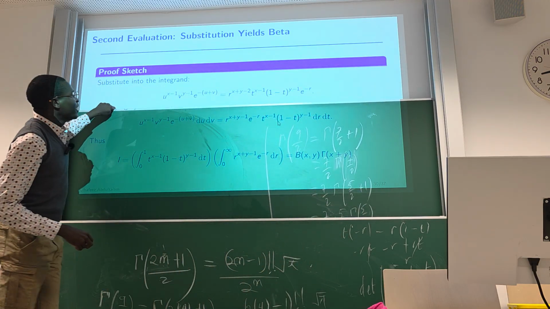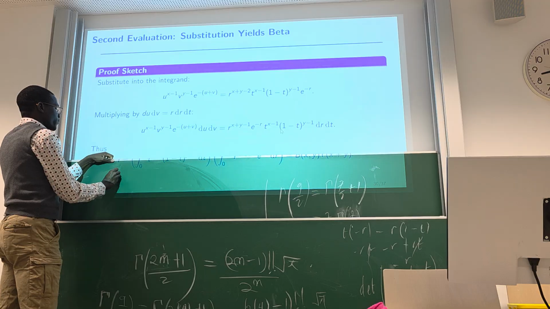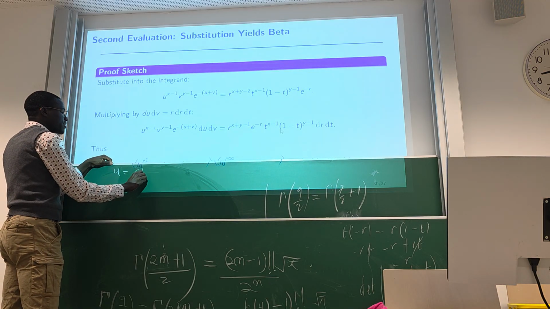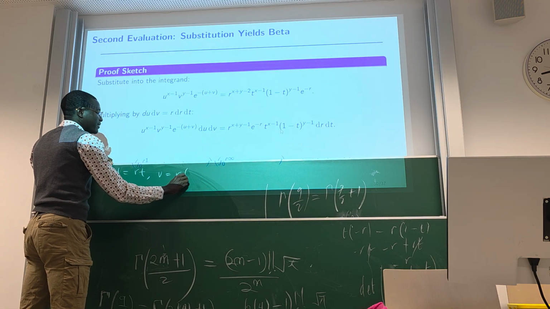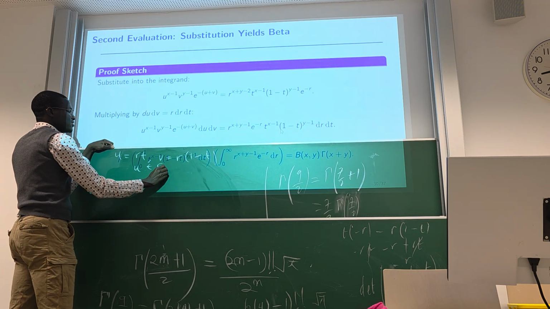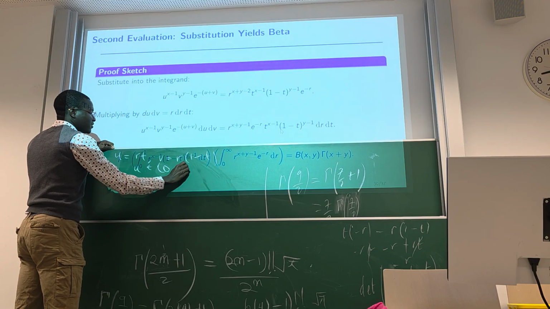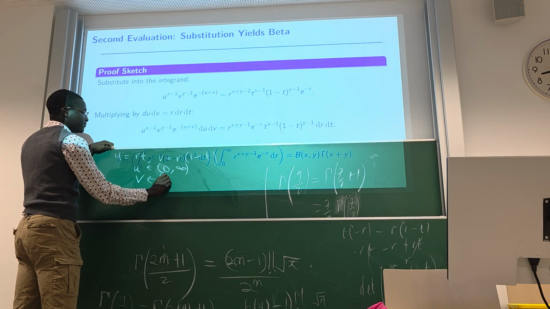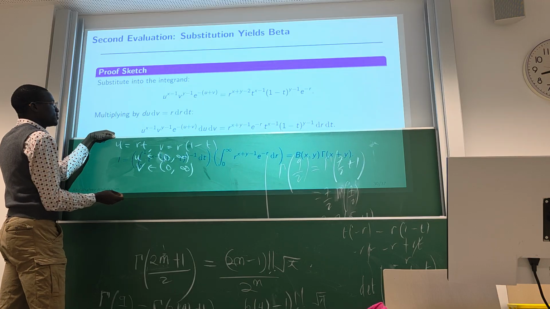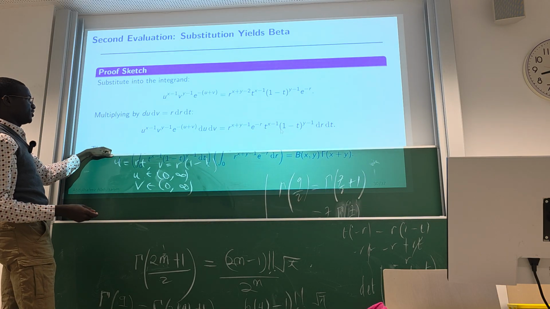So, we made the substitution u equals rt, v equals r times 1 minus t. Remember, u is on 0 to infinity, and v is too. We changed the variables to r and t.